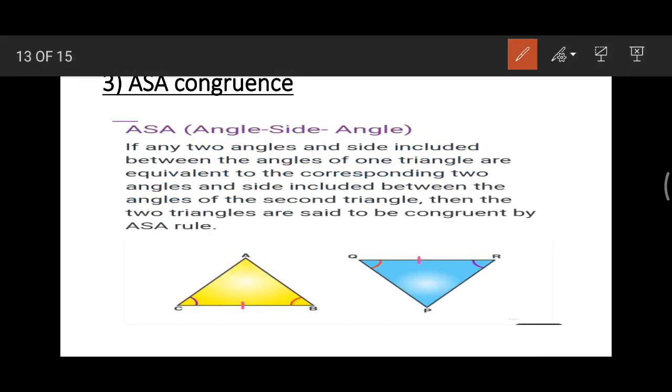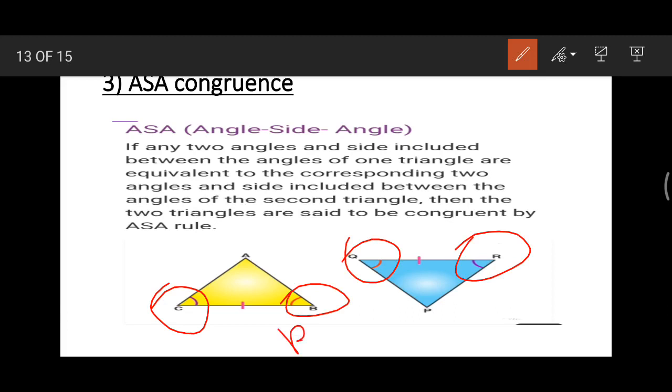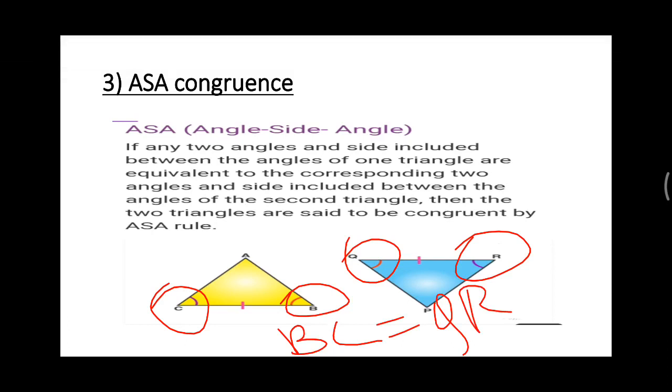Now here you can see angle C is equal to angle R, angle B is equal to angle Q, and the side between them, BC, is equal to QR. So here you can see angles are equal and the side included between them is also equal. That's why it is ASA congruency.